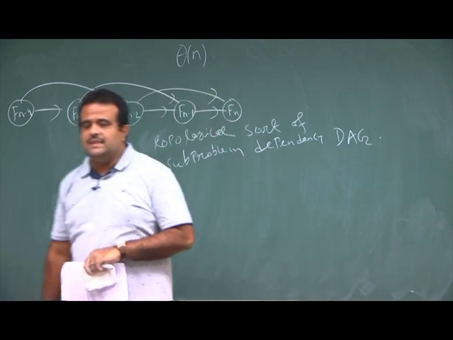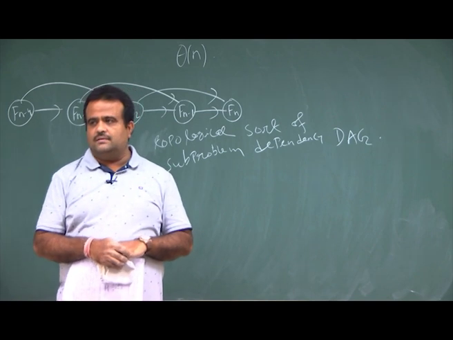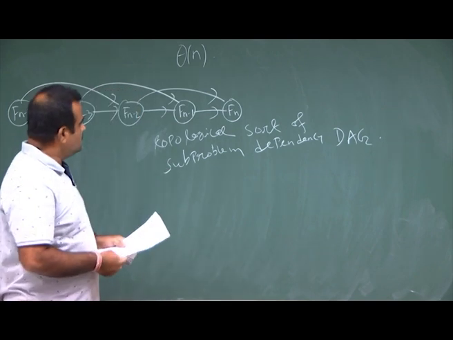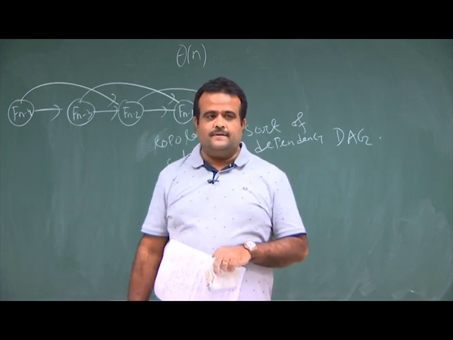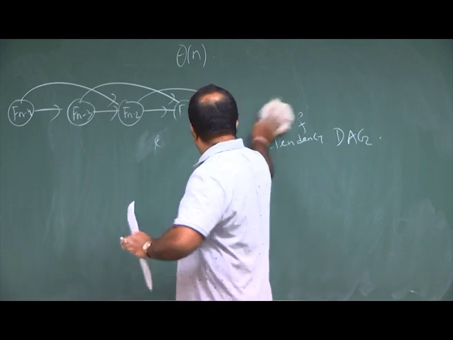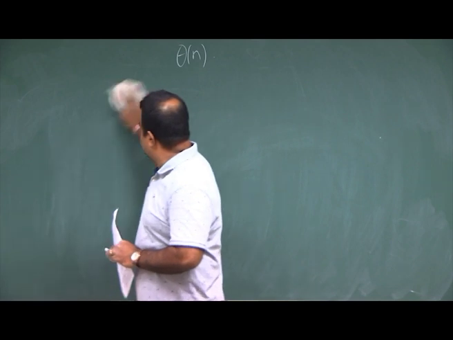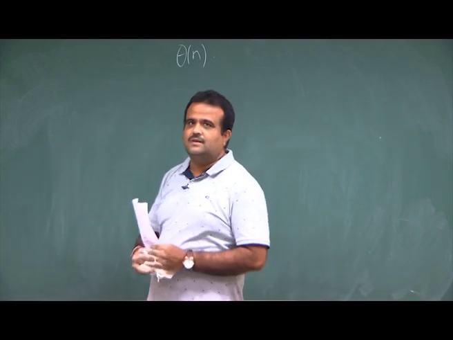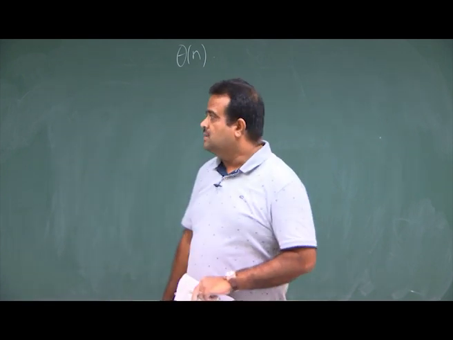Now, we have seen this problem can be solved in log n. Who can remember this problem of finding the nth Fibonacci number? We have seen this in the divide and conquer technique in the beginning of the course.